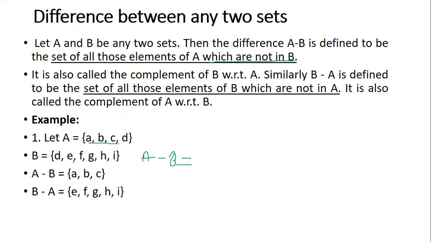Now let us compare set A and B, individual elements. A, the small a, is it in B? Is the small a present in B? No, it's not present. So it is not common, so I'll write that. Now small b is present in B?